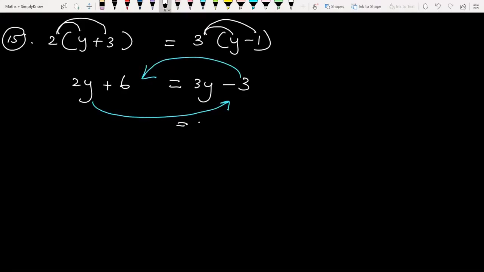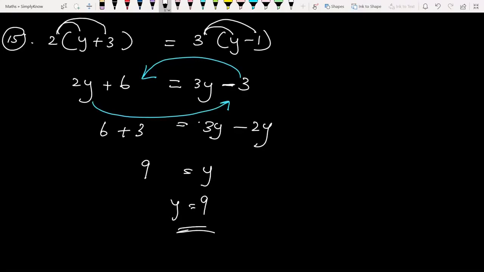When we send this minus 3 to the other side, the left side will become 6 plus 3. 6 plus 3 is 9. 3y minus 2y is y. So y equals 9.